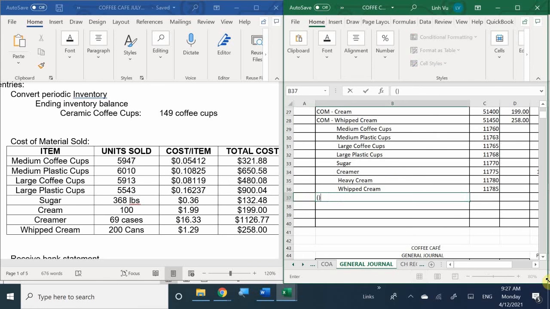And I'm going to write here, adjusting for use of business supplies.